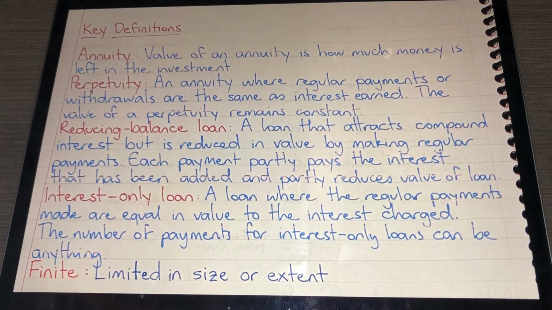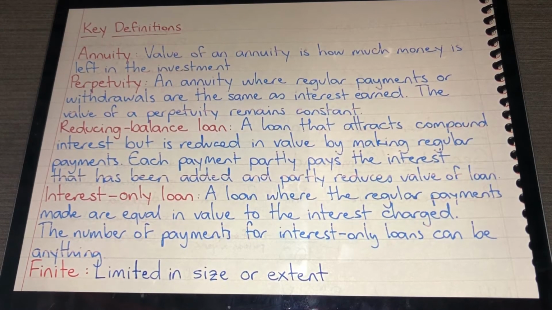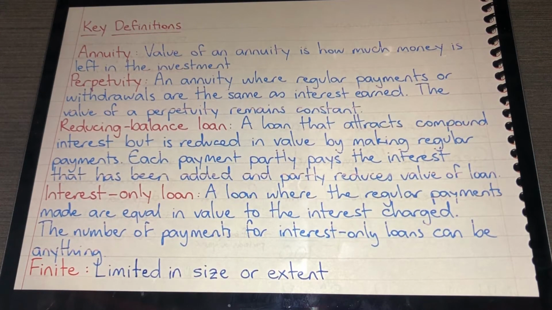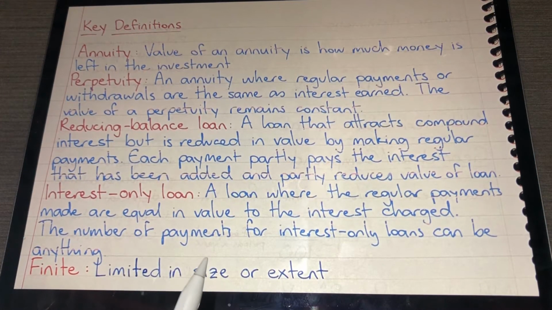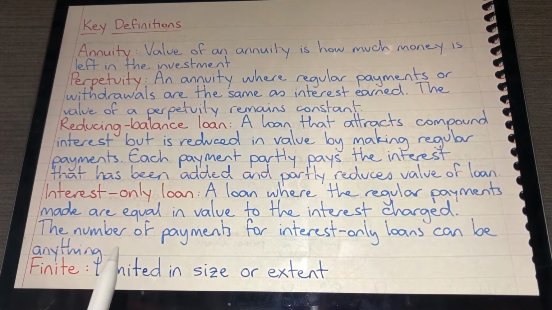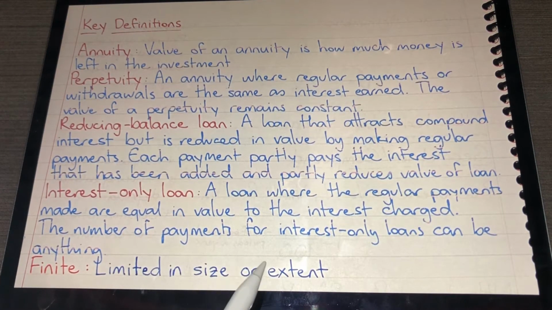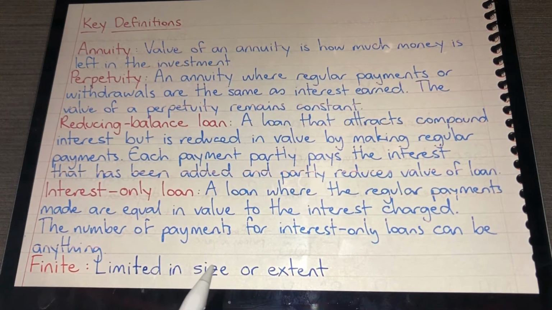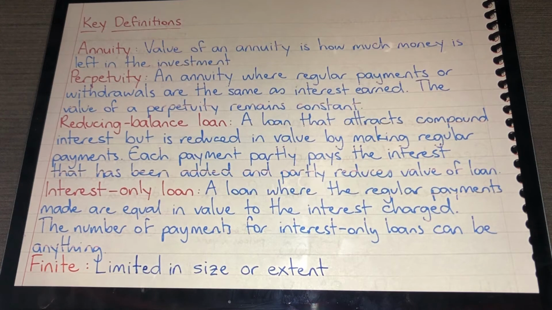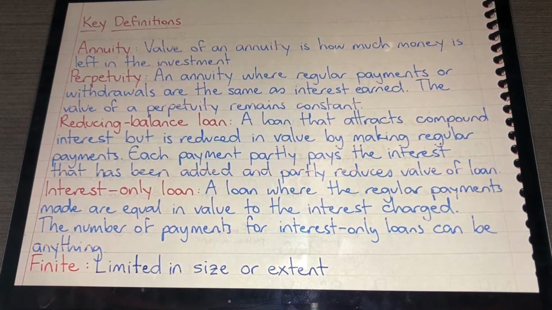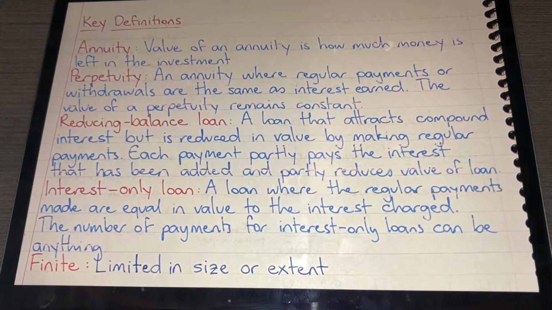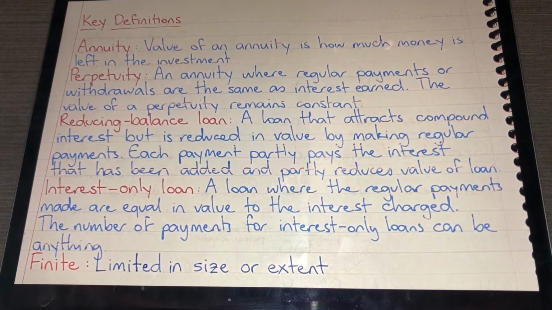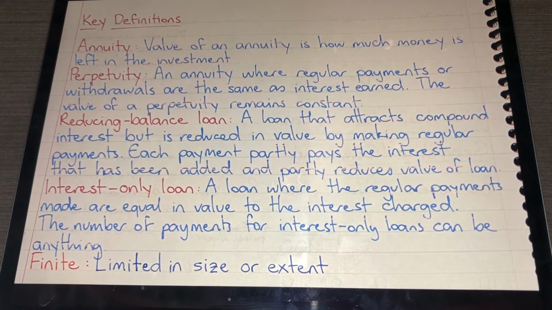Okay, so a couple of key definitions that you should have in your notes for your finance section. Here we can see an interest-only loan is a loan where regular payments made are equal in value to the interest charged. The number of payments for interest-only loans can be anything. So it's saying that, for example, the example we were talking about before, $100 is added from interest, the $100 is a payment that's made. So now we're back down to $10,000.